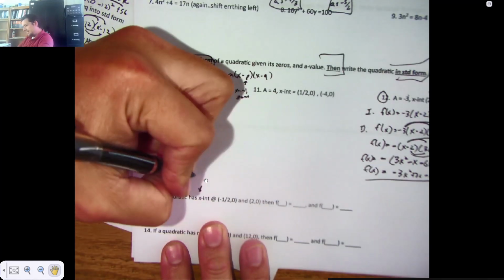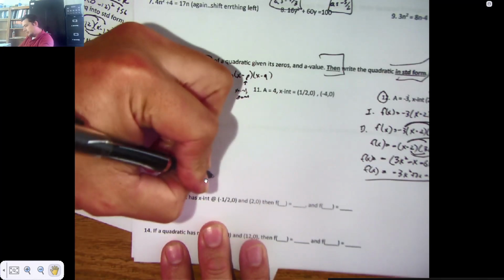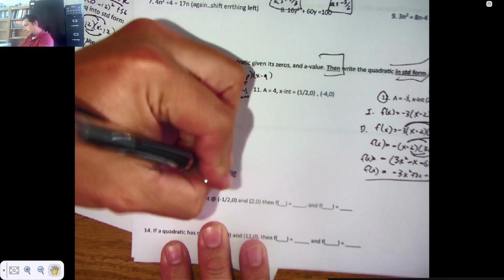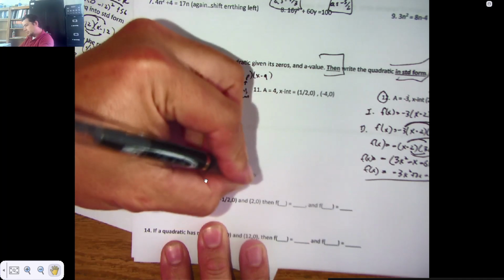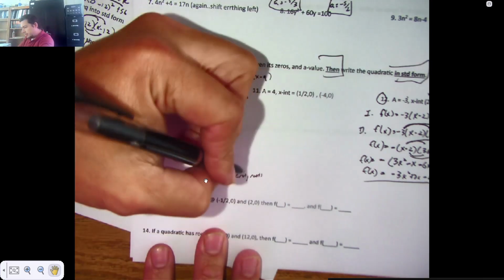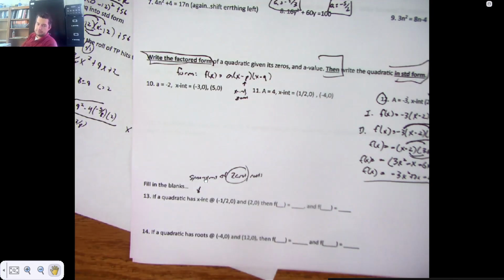13, 14. If a quadratic has x-intercepts at negative 1/2, 0, and 2, 0, then what? X-intercepts are synonyms of zeros or roots. They mean the same thing. Zeros is what I'm after.